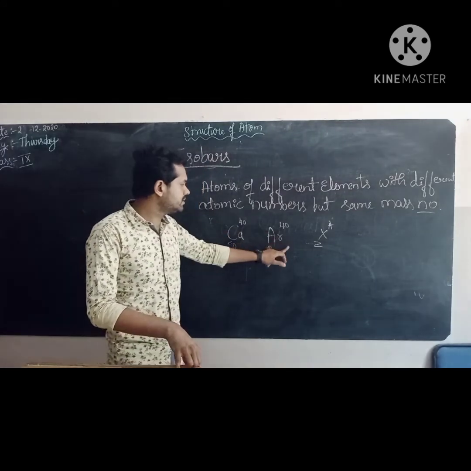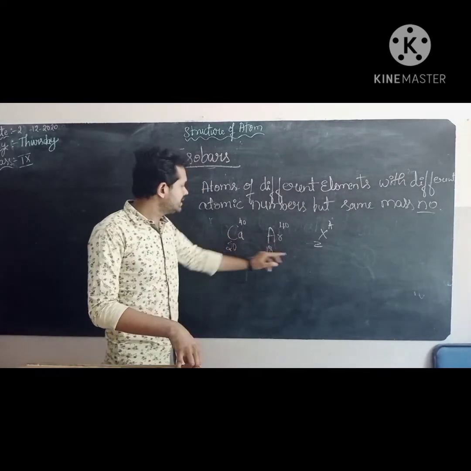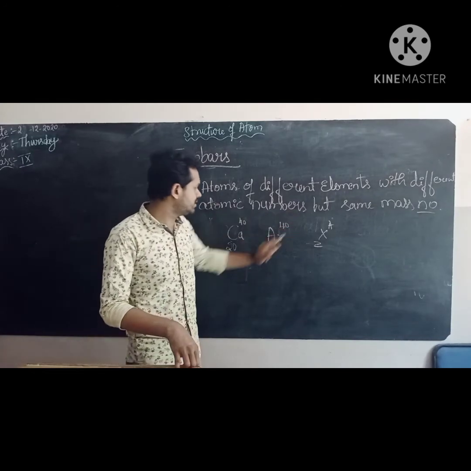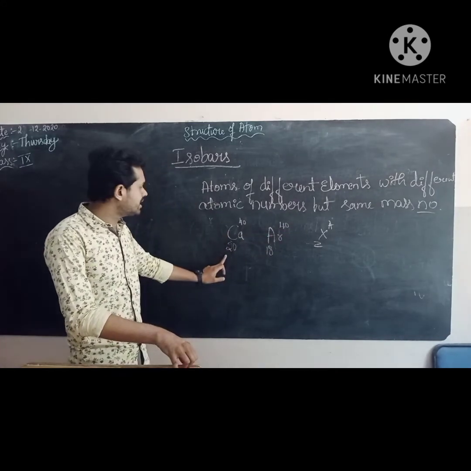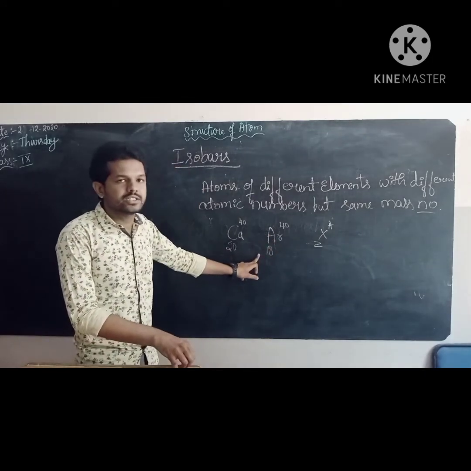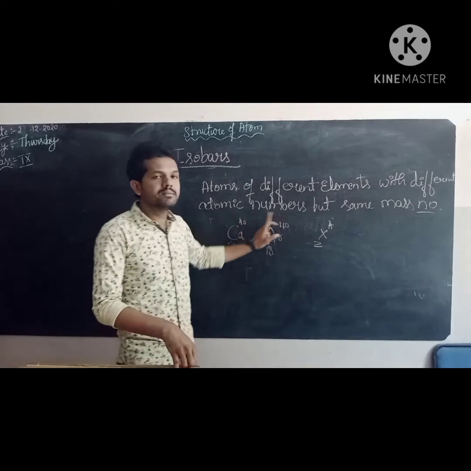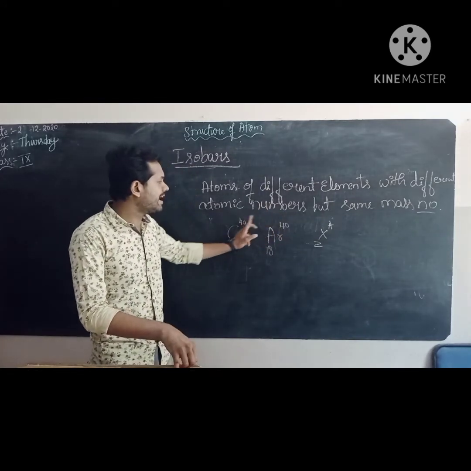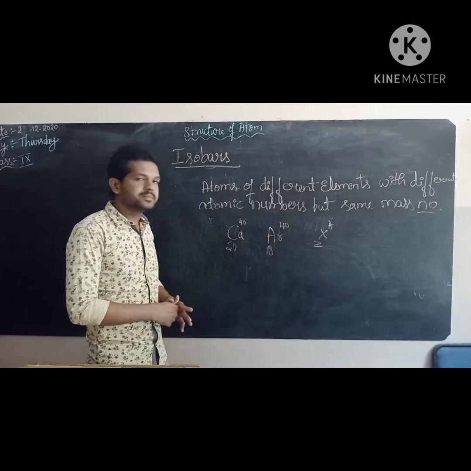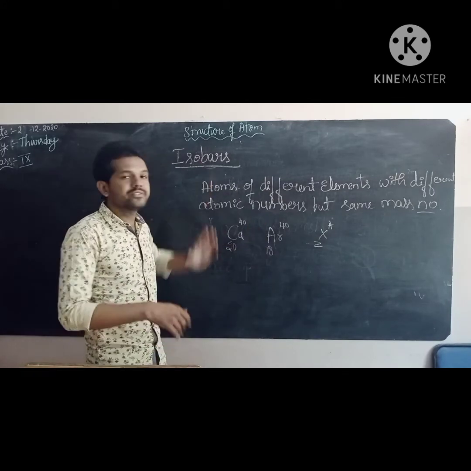You just observe these two elements. They are having different atomic numbers, correct? Calcium is having atomic number 20 and argon is having atomic number 18. But if you observe the mass numbers, they are having the same mass number. Okay. So this is an example for isobars.